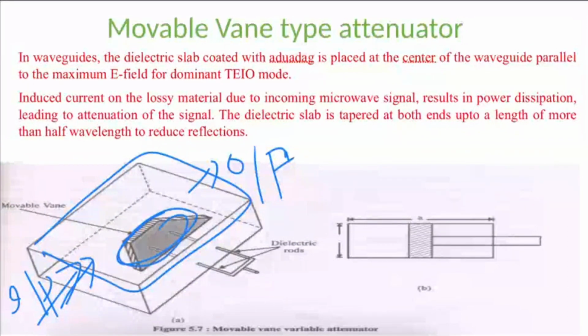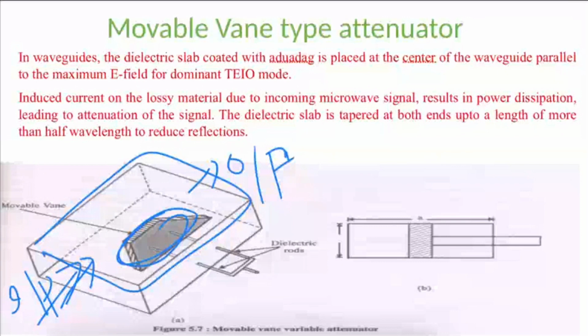Here the lossy dielectric material is a dielectric slab that is coated with aquadag, which is placed at the center of the waveguide, parallel to the maximum E field. The induced current on the lossy material due to the incoming microwave signal results in power dissipation. Indirectly, it leads to the attenuation of the signal.